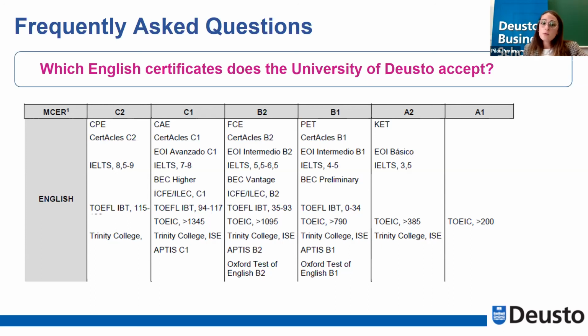If you don't have one of these certificates right now, and if you have not completed your undergraduate studies 100% in English, please don't worry. We have the Center of Language Studies here at the University of Deusto and would be more than happy to schedule with you an internal language level examination so that you can still, of course, participate in the applications process when those phases are open.